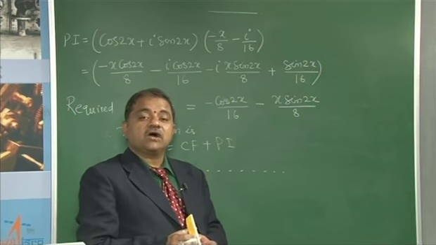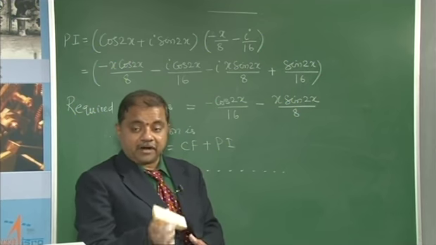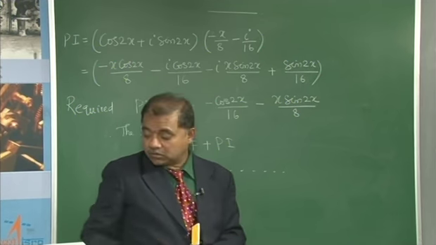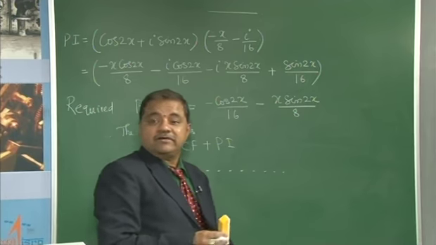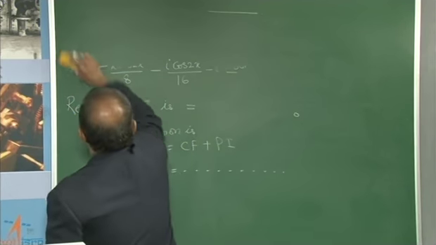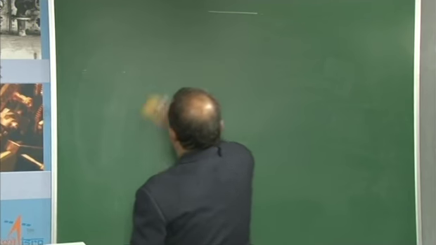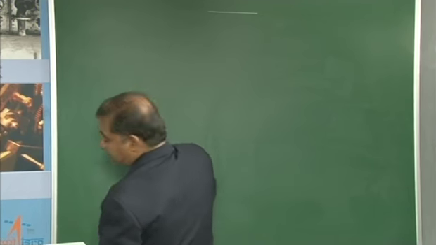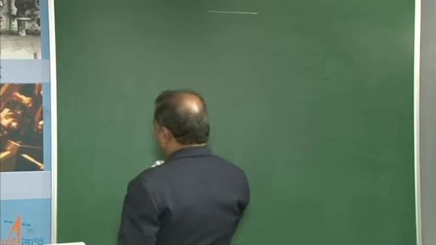Then if it is cos you take the real part, if it is sin you take the imaginary part. One more example. Now I have done the problem with sin, that means I got the imaginary part. Now let me show you an example with the real part.